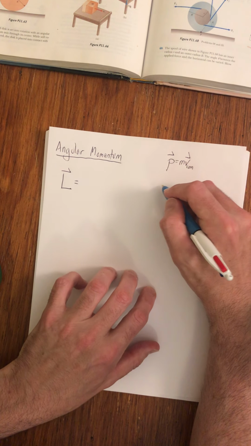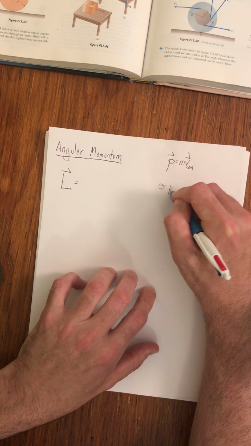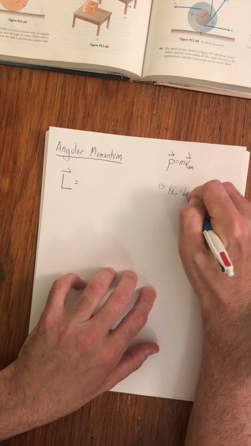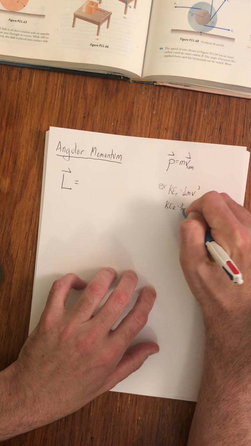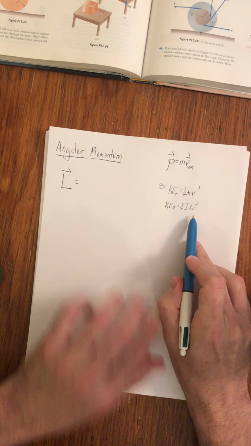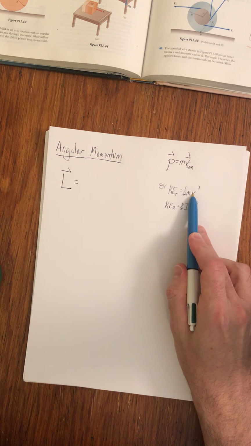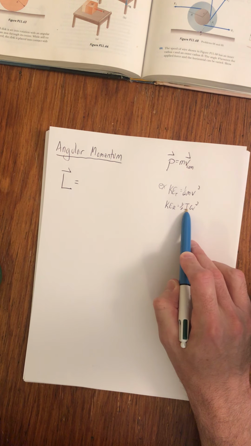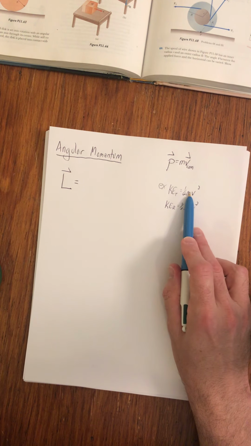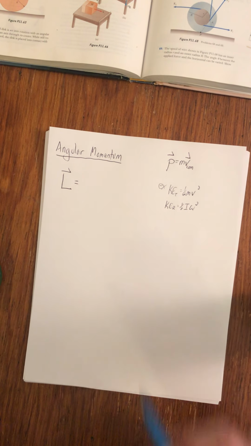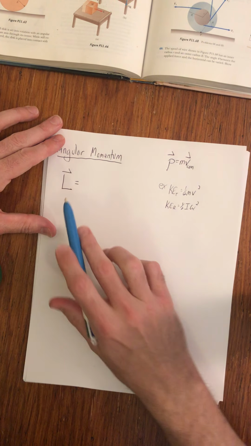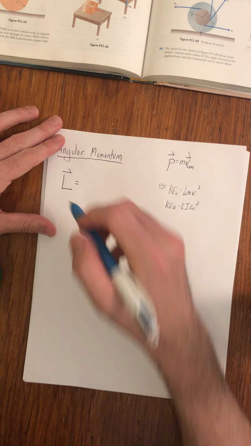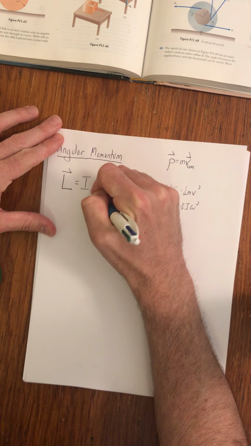For example, kinetic energy translationally was 1/2 mv squared, and kinetic energy rotationally was 1/2 I omega squared, where angular velocity took the place of the linear velocity, and angular inertia or moment of inertia took the place of the mass, which is linear inertia. So if P is equal to mv, then L should equal, and if you said to yourself I omega, you're right.